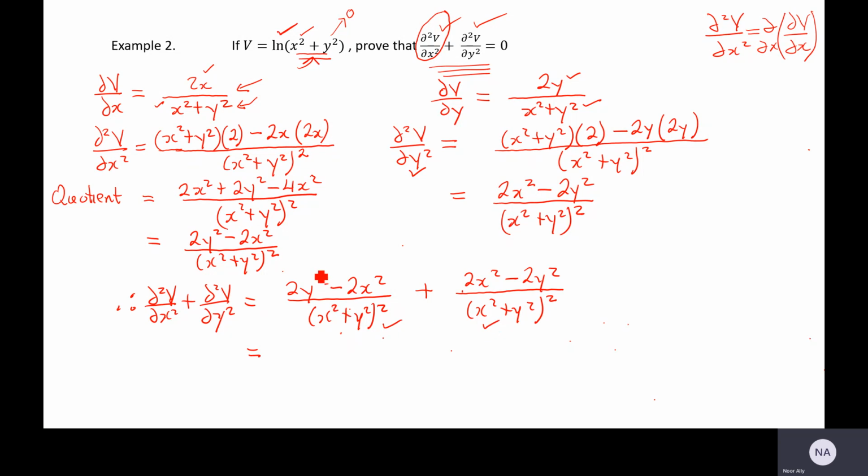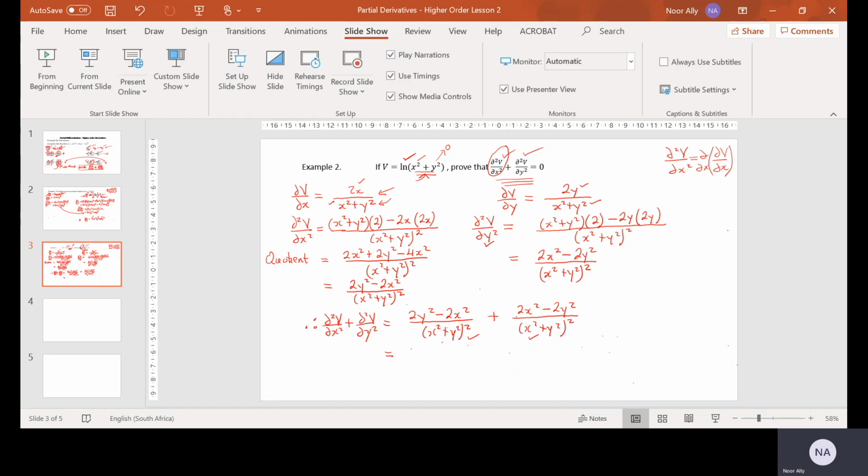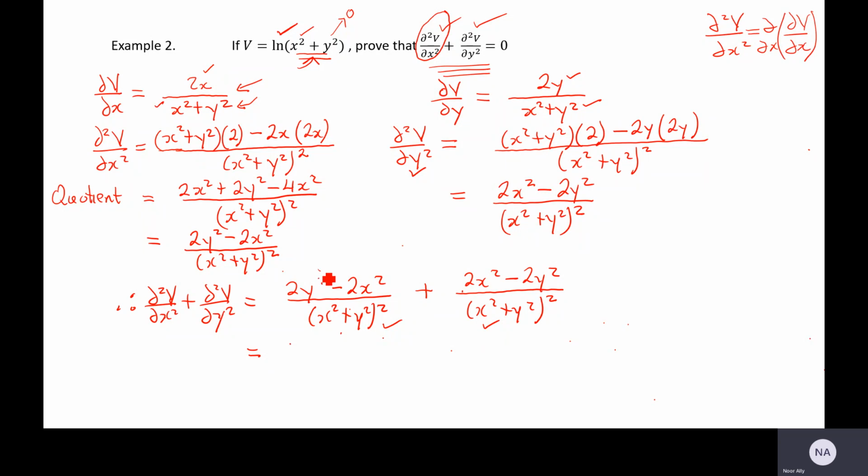Add the numerators. 2y squared cancels with 2y squared. 2x squared cancels with 2x squared. Your answer, 0.